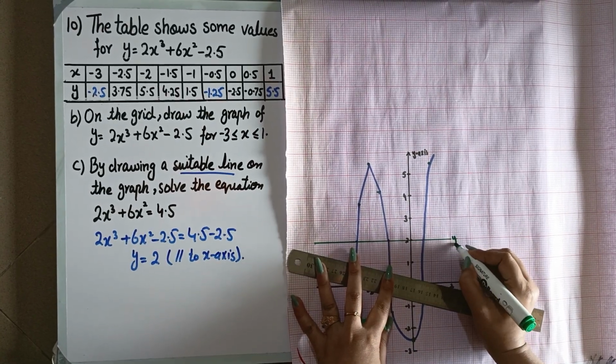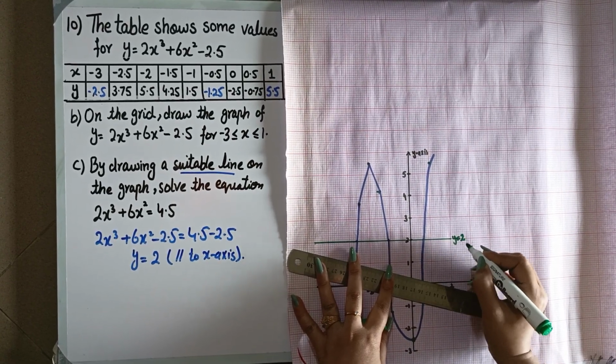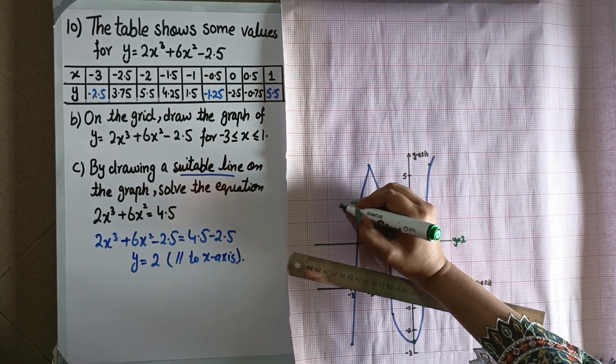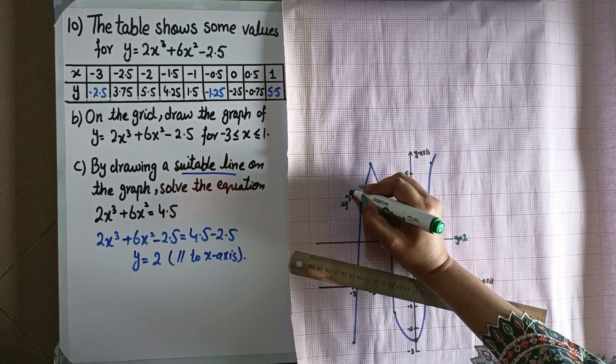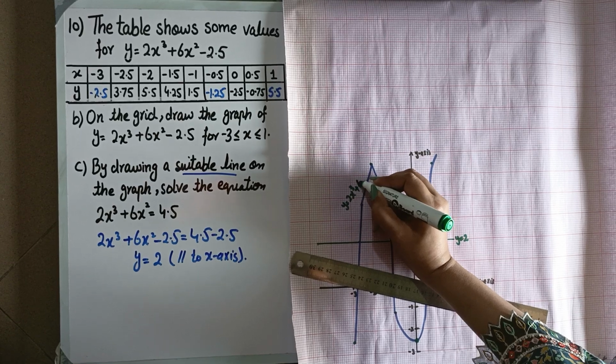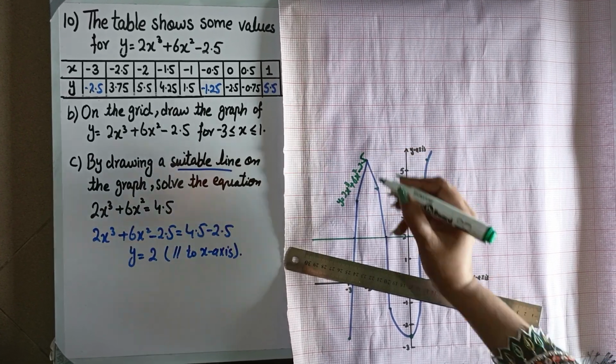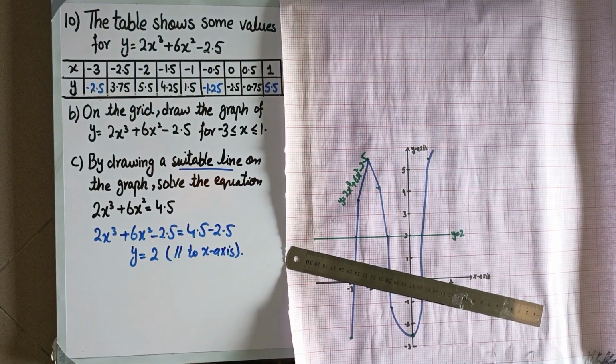This line is for y equals 2, while this whole graph was for y equals 2x cubed plus 6x squared minus 2.5.